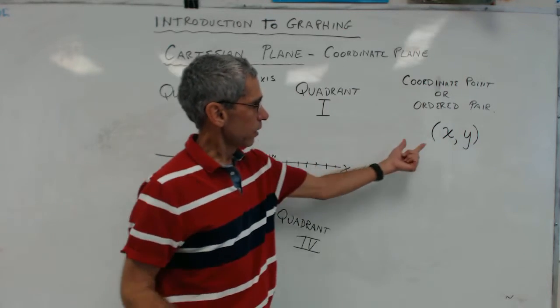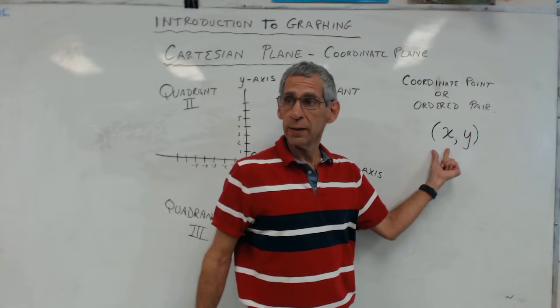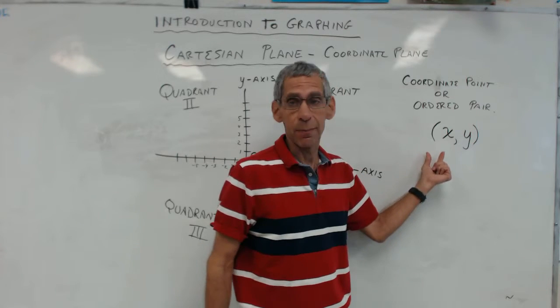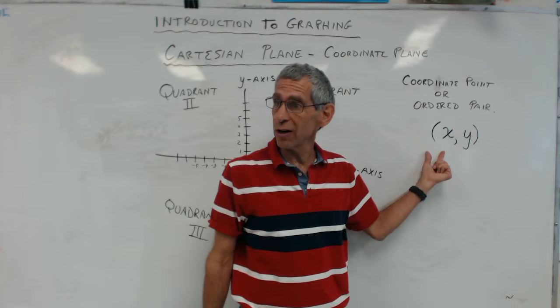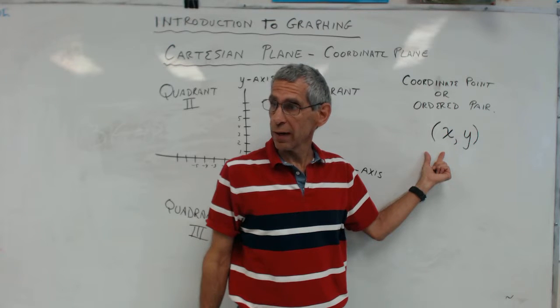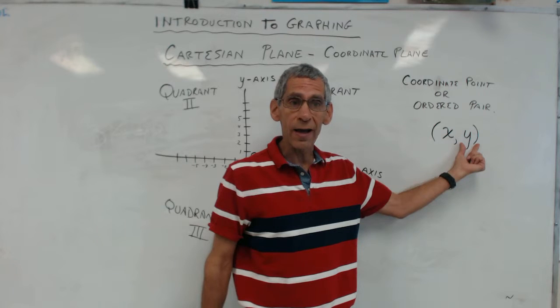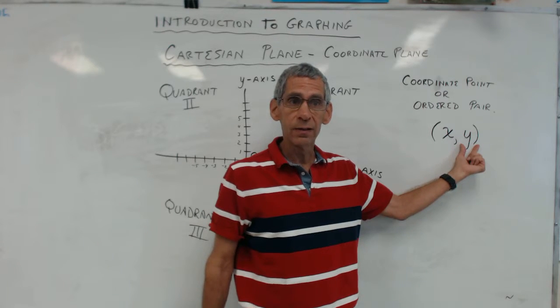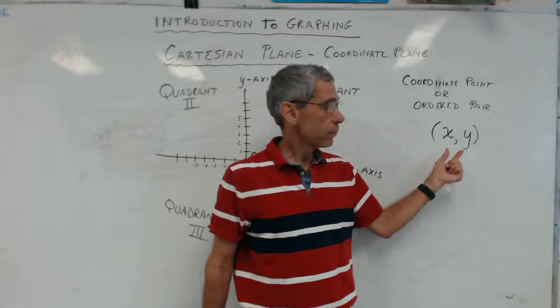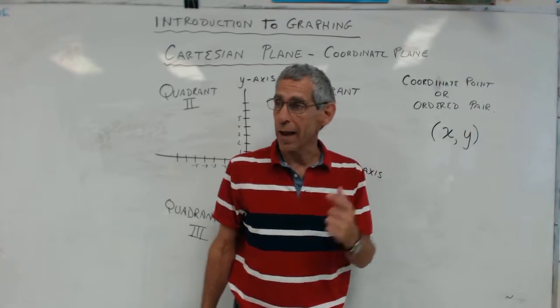Whenever you write a coordinate point, it's like a map, and the first number tells you how far to go along the ground to get to your destination. And the second number is your Y. It tells you how far you fly to get to your final destination. But think of a coordinate point as a map.